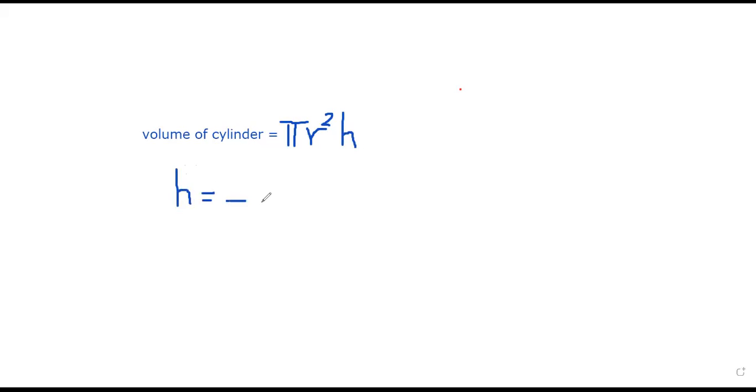If I give you the volume and we are looking for the height, it will be volume divided by pi R squared. And also we said, if I want to find the radius, what do we have to do?